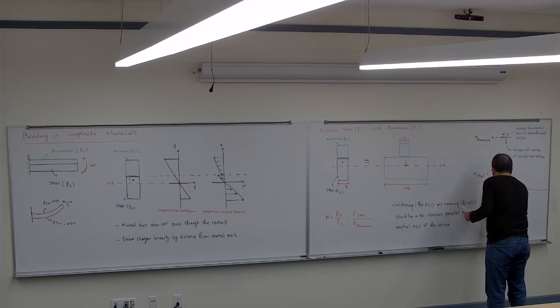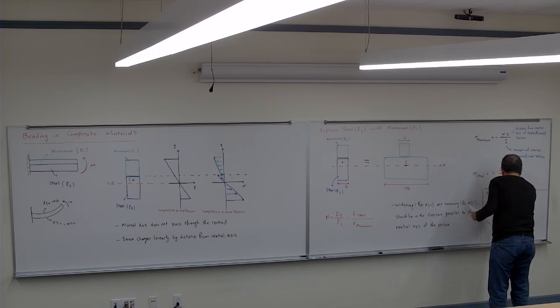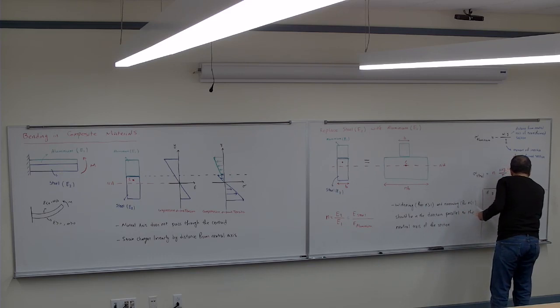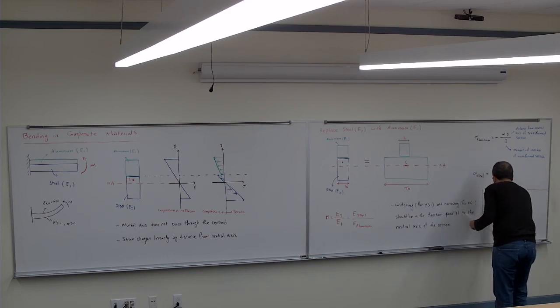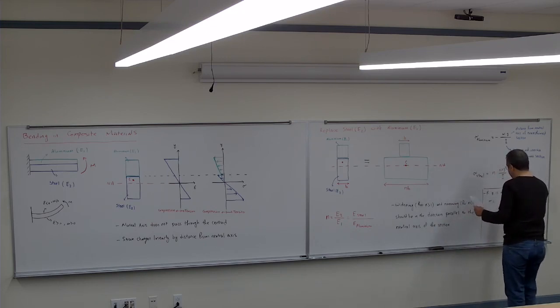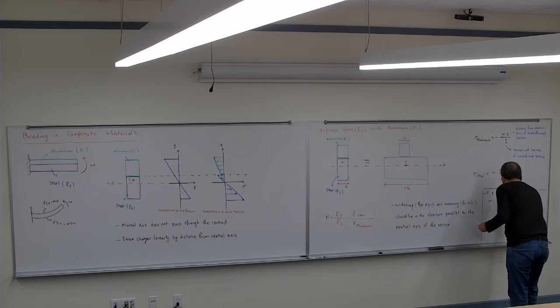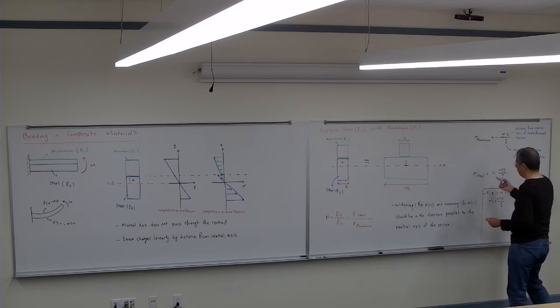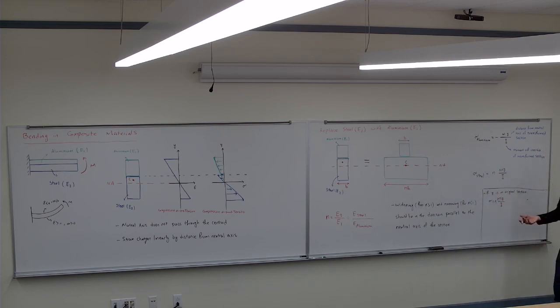So, if y is in original section, then the sigma would be n My/I, positive or negative, depending on is it tension or compression.